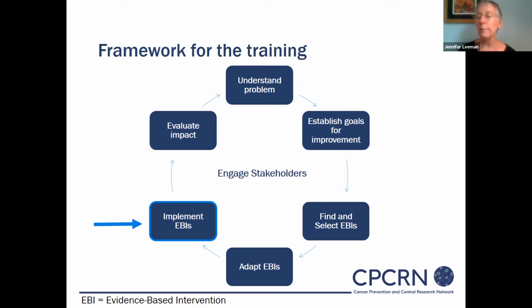We then, in webinar 3, talked about finding and selecting evidence-based interventions to meet your goals for improvement. We then talked about adapting evidence-based interventions, and today we're going to talk about implementing those evidence-based interventions into practice.